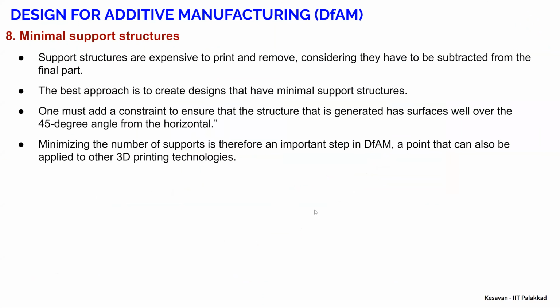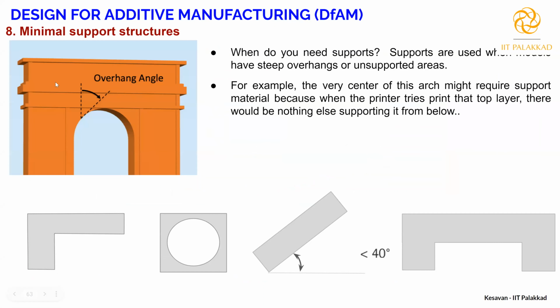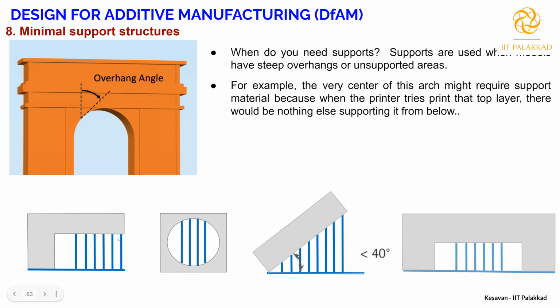The next is minimum support structures. An example is, if I'm printing this component like this, I need to design such that I'm giving only the minimum support structure. There are some rules involved. If I have an overhang beyond some 10 mm, you need to give the support structure.